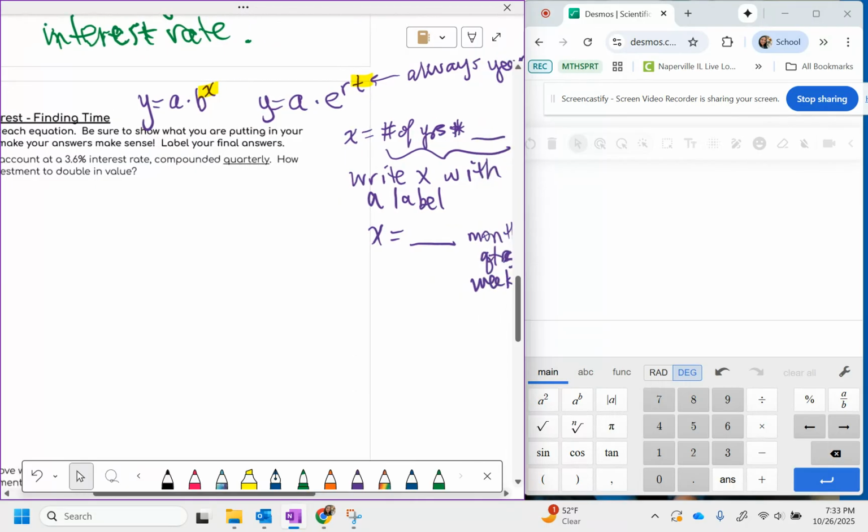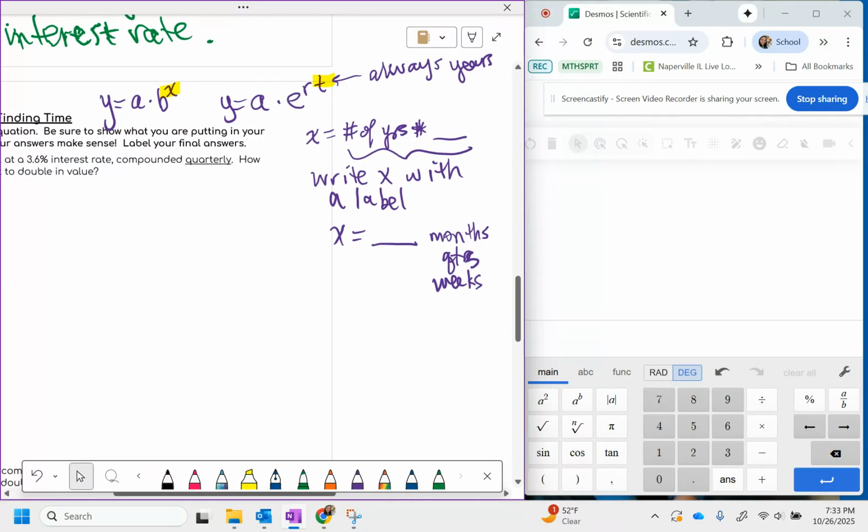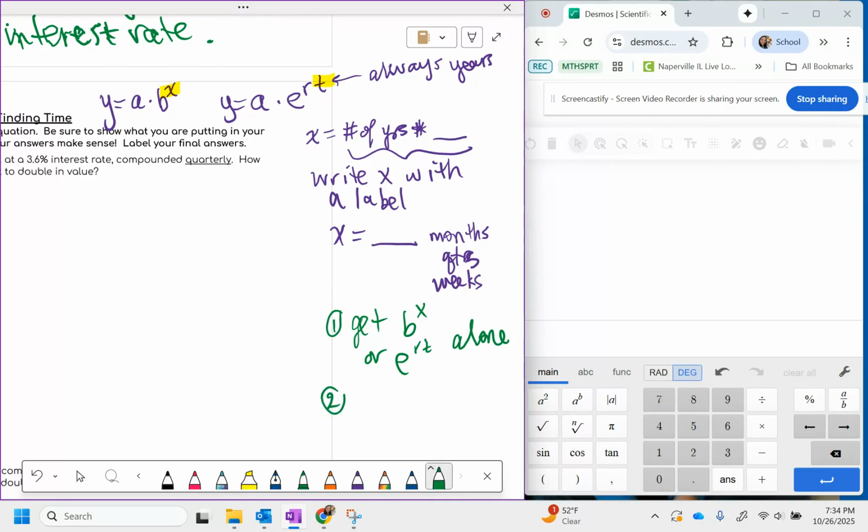Okay, so doing that and then remembering that because my exponent is the part that I don't know, I am going to get my b to the x alone or the e to the rt alone, and then I am going to use logs to solve because when you have a variable in your exponent, you know you need to use logs.